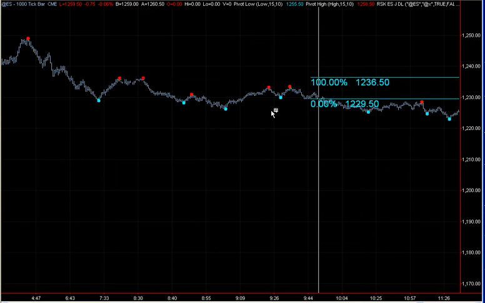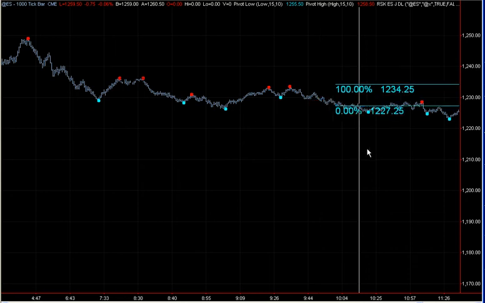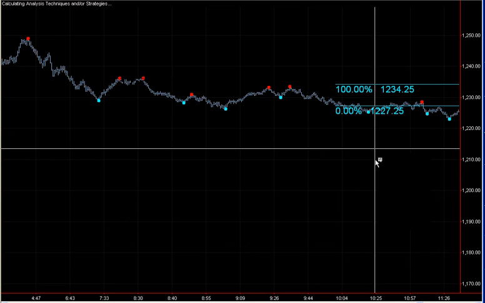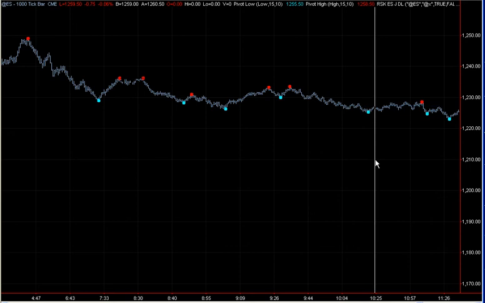But as soon as it drops below that level, which it does over here, it cancels out the setup. This happens when we draw the extensions historically, but it will also happen when trading live in an automated setting.